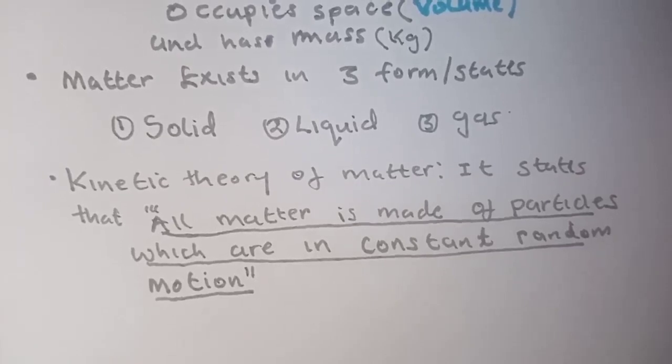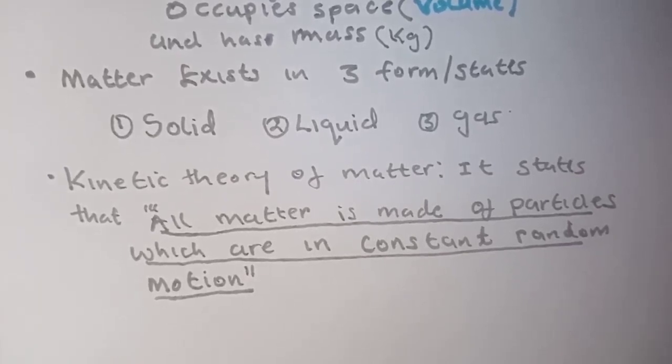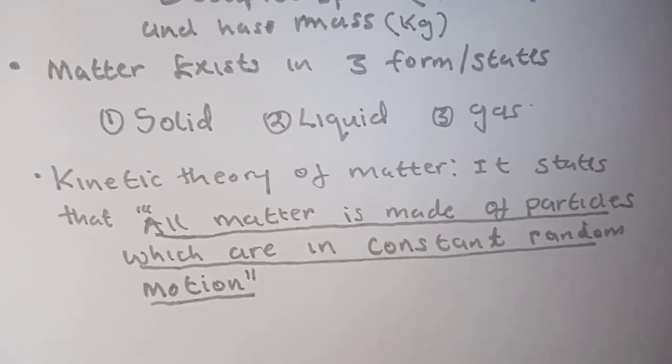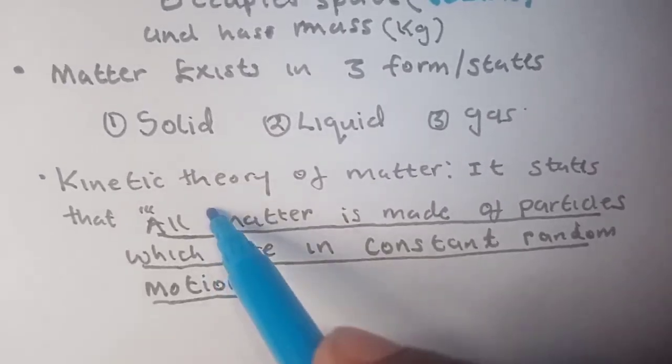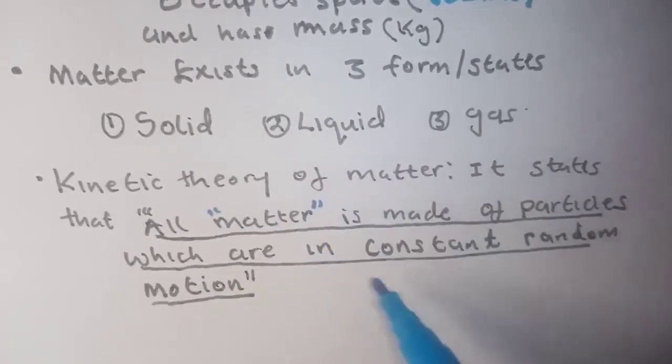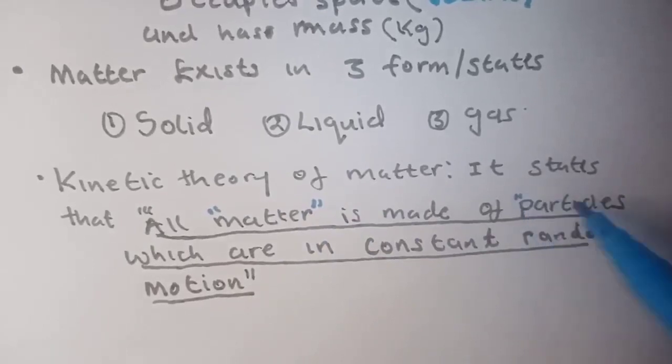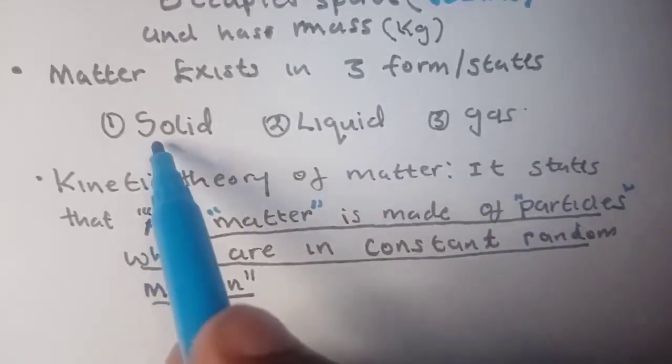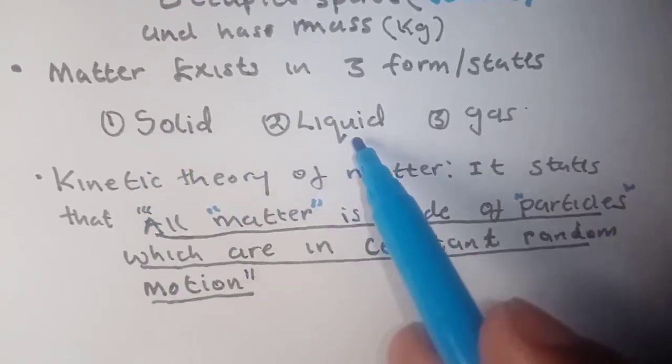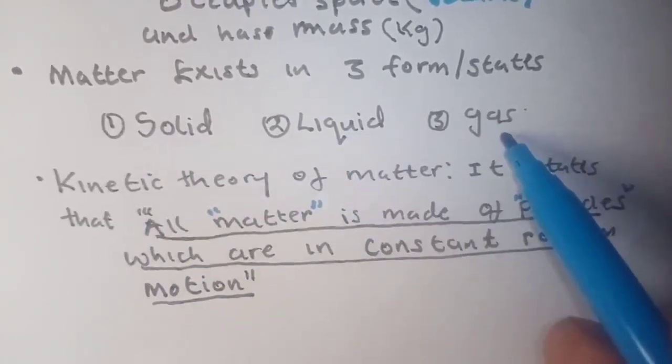All matter is made up of particles which are in constant random motion. The keywords here: all matter is made up of particles. Solids have particles, liquids have particles, gases also have particles.